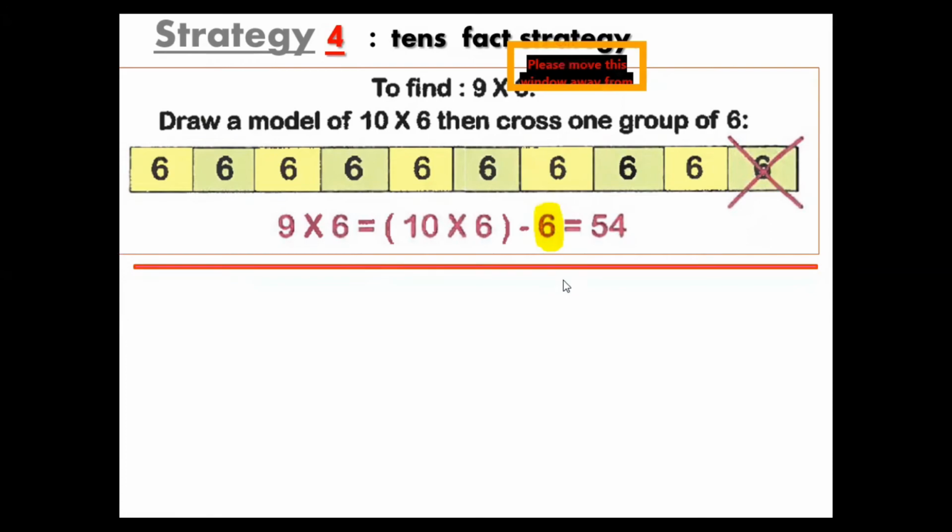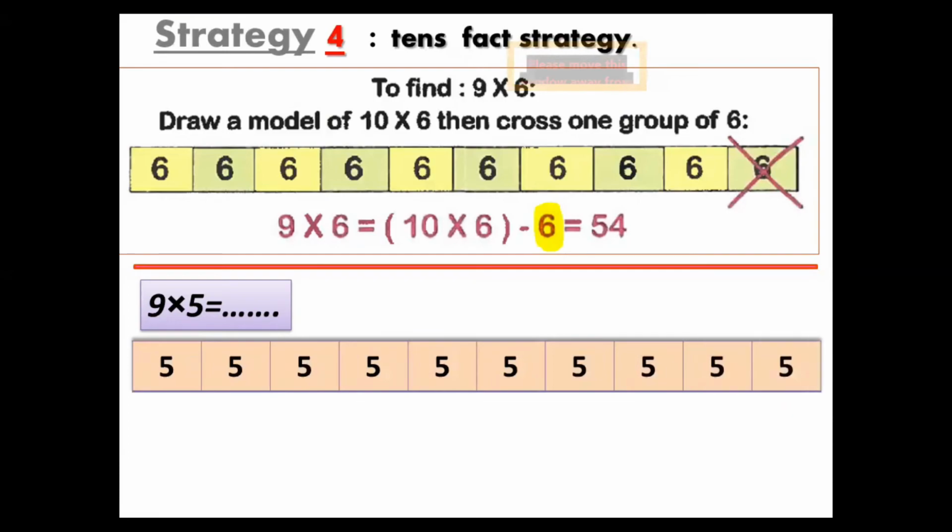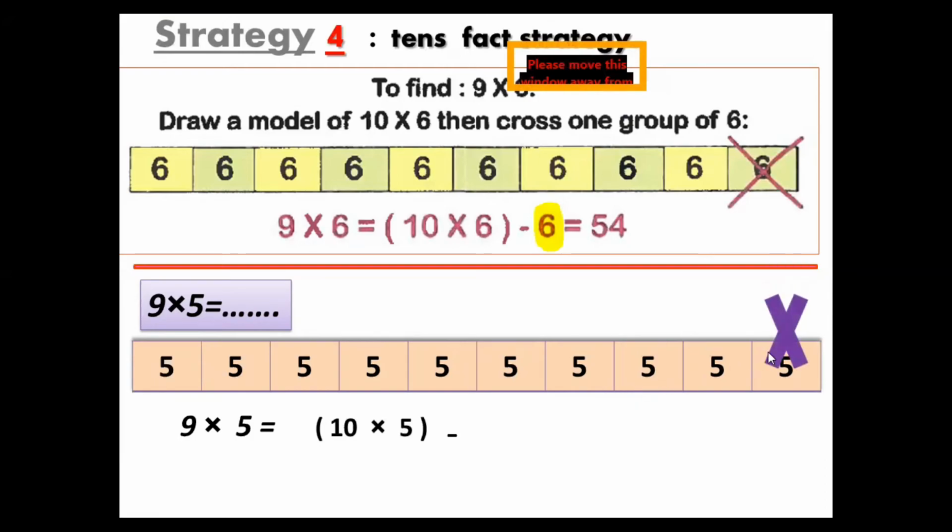Let's take another one. Here I want to get the product of 9 by 5. All we need to do here is draw a model of 10 by 5. Here we have 10 groups of 5. Then we will cancel or cross out one group of 5, as you can see here.